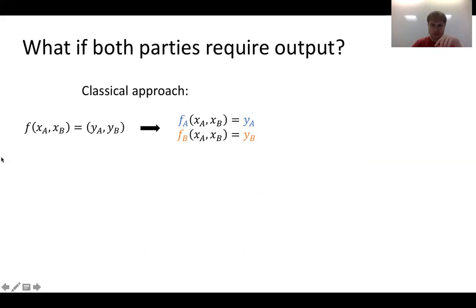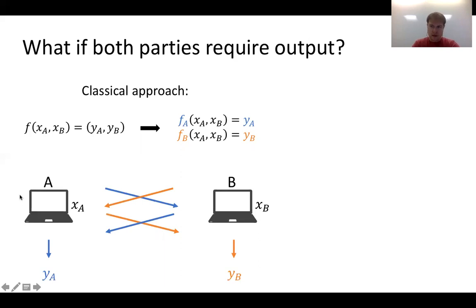If you have a classical functionality that has 2 outputs, you can consider writing it as 2 separate functionalities: one that just outputs A's part of the output, and the other that just outputs B's part of the output. And then you could consider running 2 NISC protocols in parallel. Okay, so you could have the blue NISC that's delivering A's output and the orange NISC that is delivering B's output.